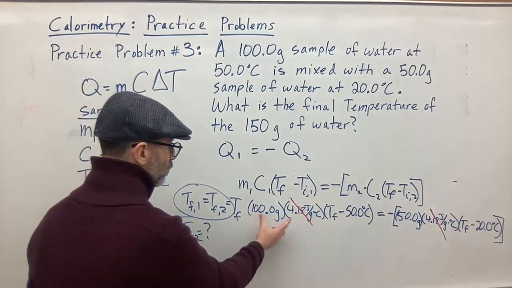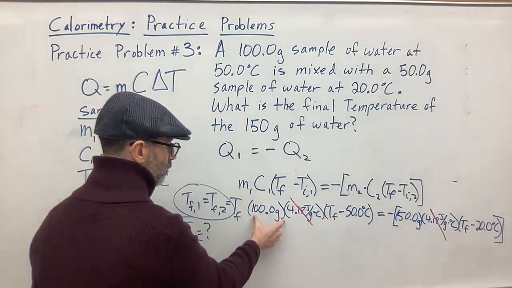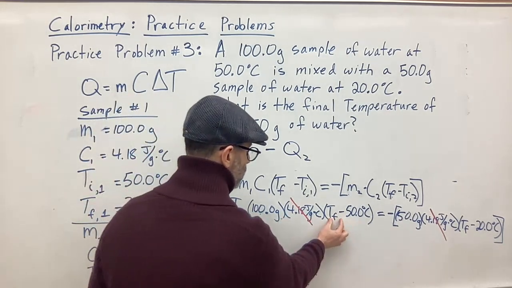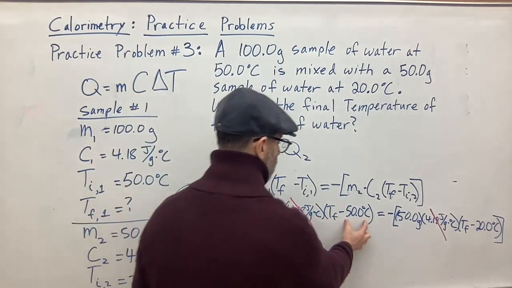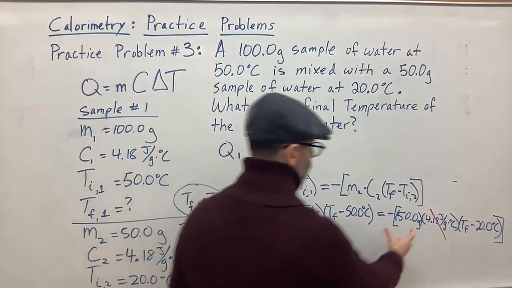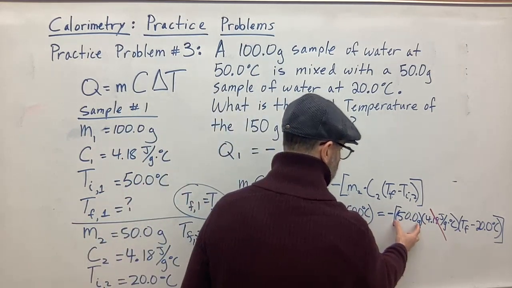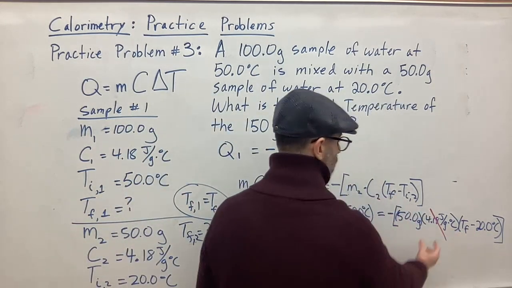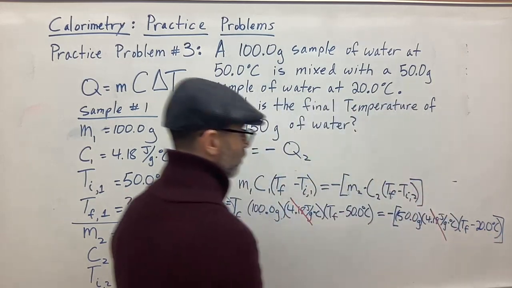But you do have to distribute the 100 grams here. So you have to multiply out the 100 times TF and the 100 times minus 50. And then here, the minus 50 has to be distributed to the final temperature and the minus 20.